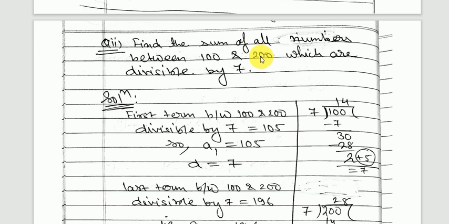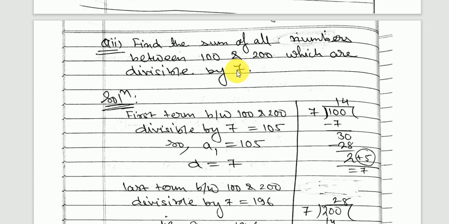But we know the common difference because you know that 7, 14, 21, 28 and so on, these are divisible by 7, and the difference between them is 7. So in this case also, when you write any numbers between 100 and 200 divisible by 7 in order, you'll find that the common difference will be 7. So I know the common difference, it is 7.